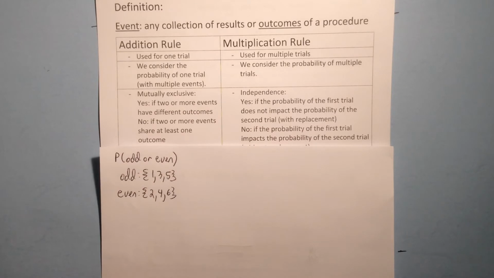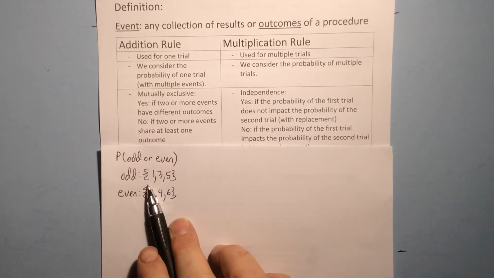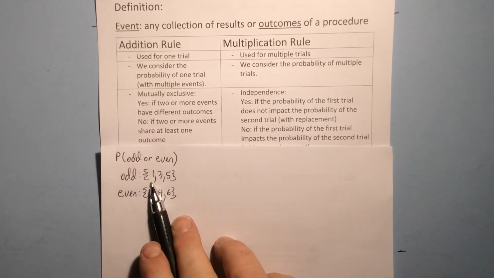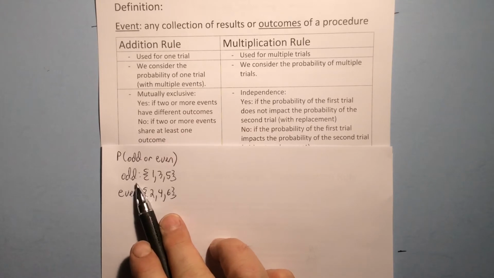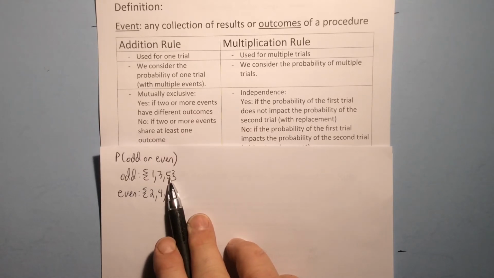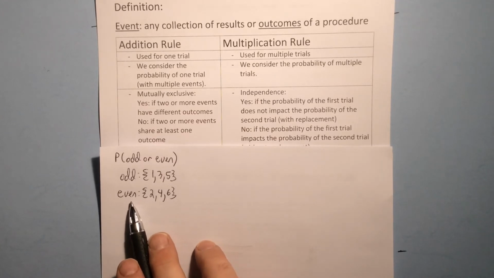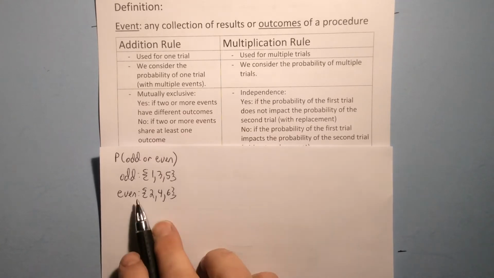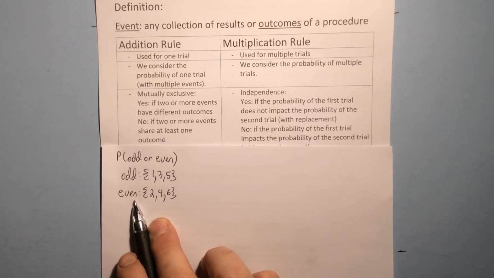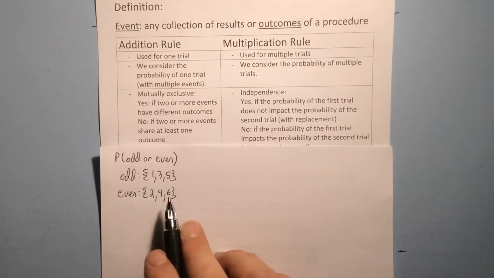So the possible outcomes of the event of rolling an odd are 1, 3, and 5. The outcomes of the event of rolling an even number are 2, 4, and 6.